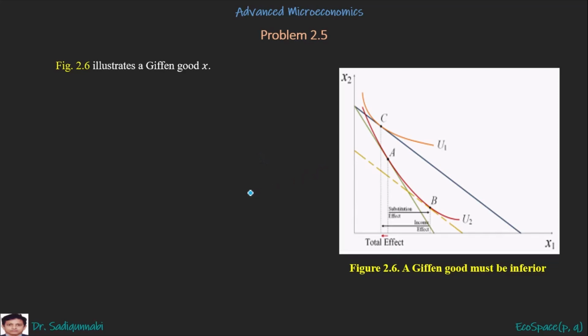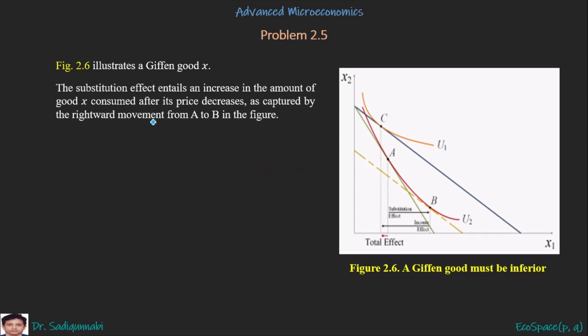The substitution effect entails an increase in the amount of good X consumed after the price decreases, as captured by the rightward movement from A to B. This is the direction of movement for the substitution effect, and although it is a rightward movement, it is negative in terms of consumption of goods.